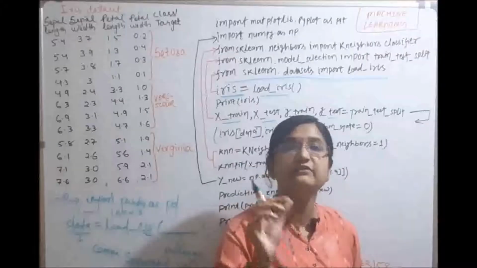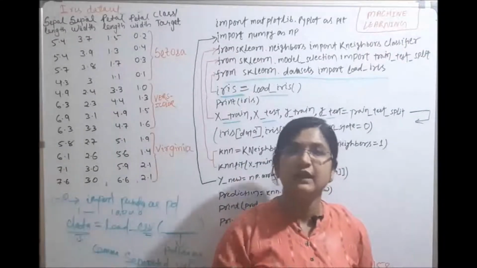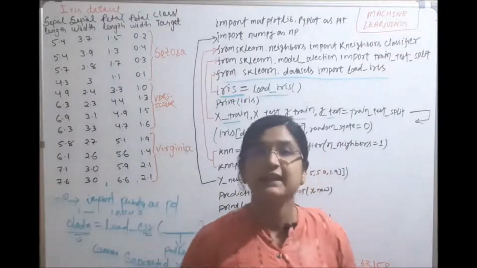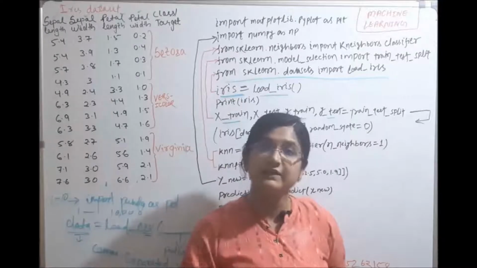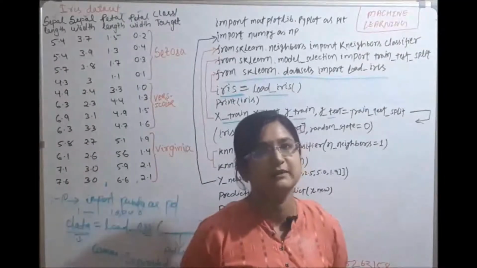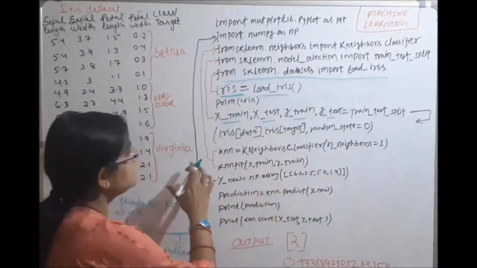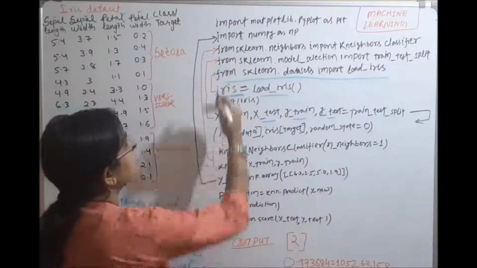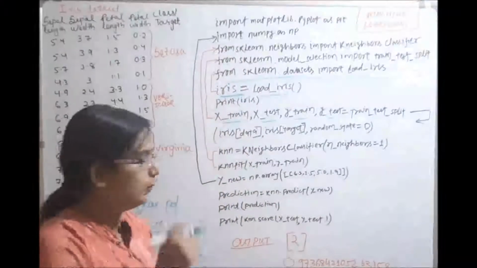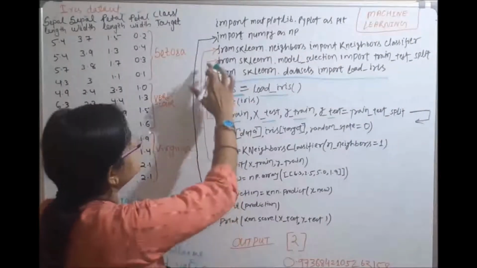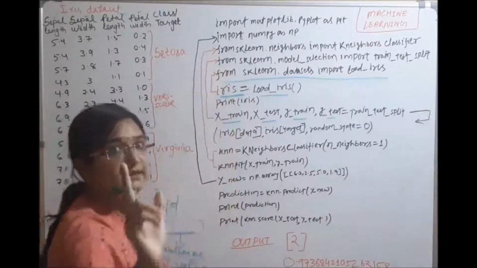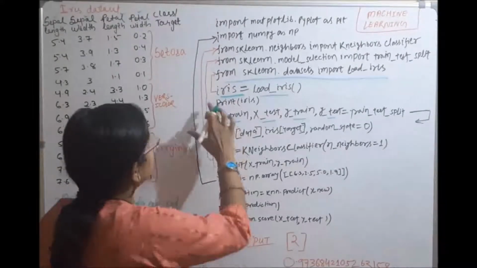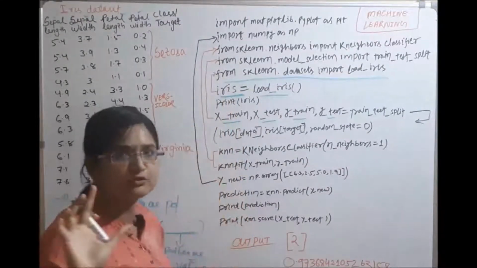Likewise, for every function and method you use in your coding, you also need to write its respective library. For train test, my respective library is this one. For inputting the iris data set, my respective library is this one. I have marked them.